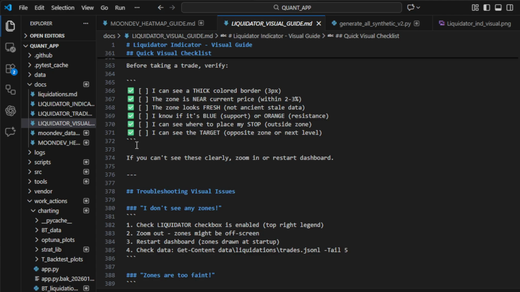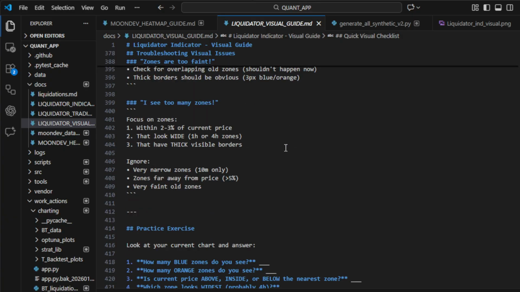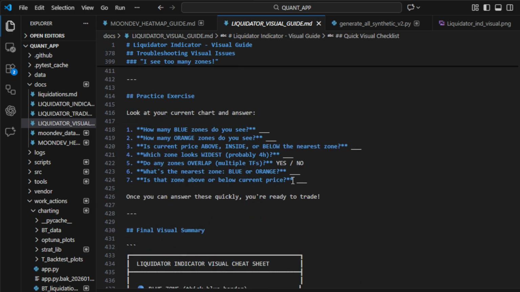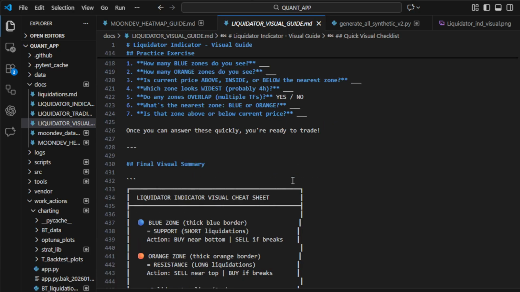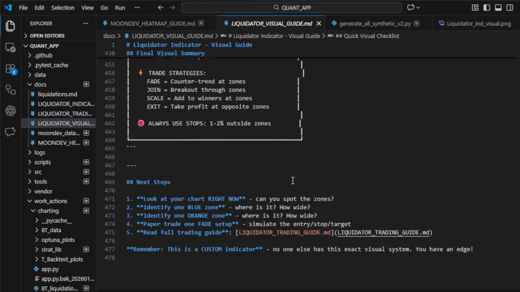Then troubleshooting: no zones, ignore, focus on these zones. So it's actually a quite filled up, nice little file. Everything is on GitHub, guys.